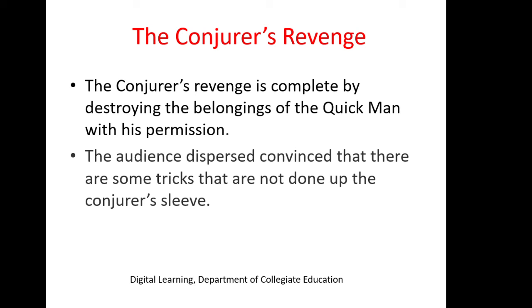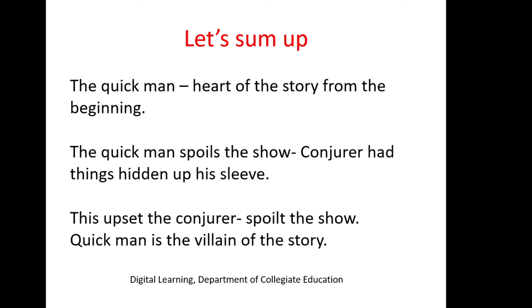He has kept up the suspense up till the end, and as the curtain falls, the audience disperse, convinced that there are some tricks that are not done up the conjurer's sleeve.